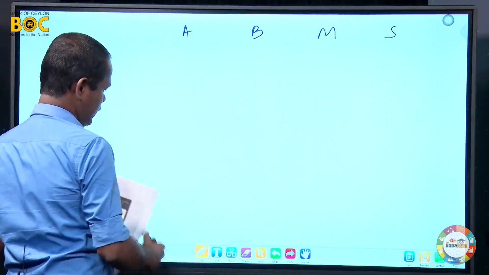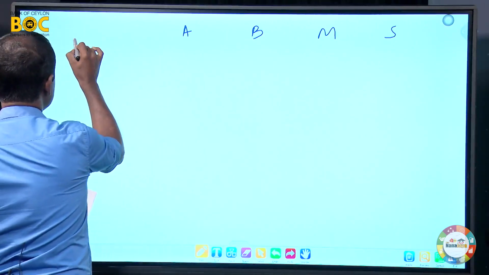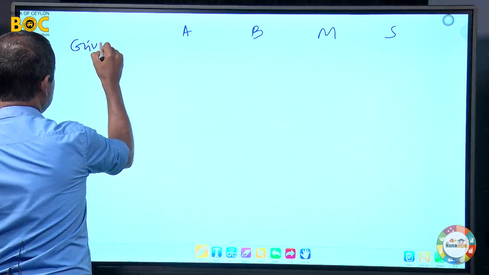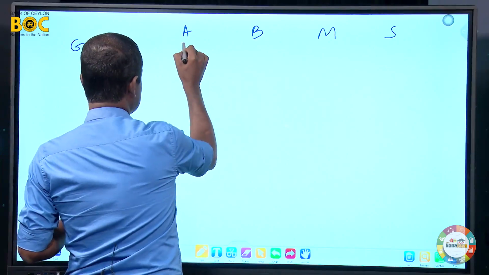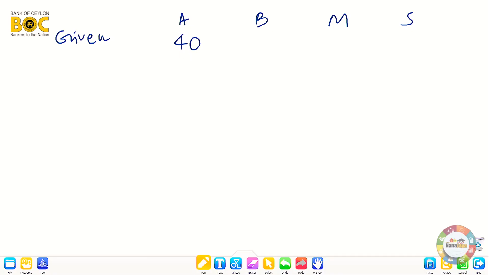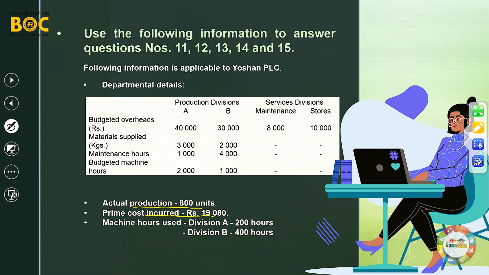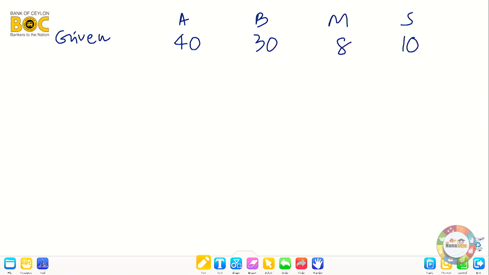Then the given or budgeted overheads, we'll do in thousands: 40,000, 30,000, 8,000, 10,000. These are the given information. After this you have two production centers and two service centers.